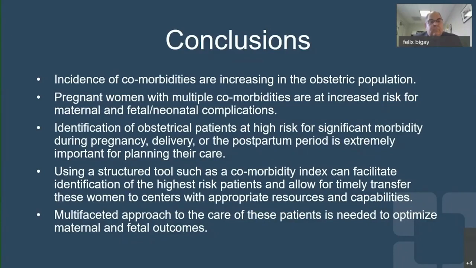Identification of these patients early is important for planning their care, and can help tremendously in trying to be anticipatory rather than reactive. Using a structured tool such as the comorbidity index is very helpful and can allow timely transfer of these women to centers with appropriate resources and capabilities. And again, as I've said before, a multifaceted approach is the way to go to optimize both maternal and fetal outcomes. Thank you very much.